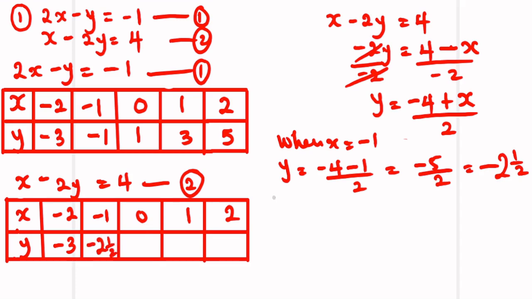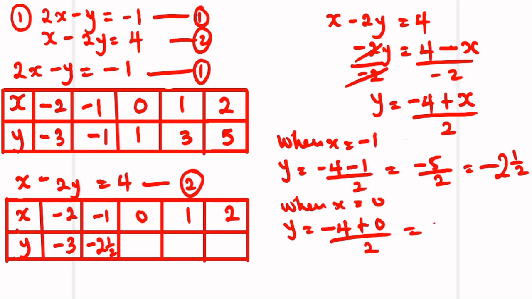Now the next is when x is 0. So we'll have y equals to minus 4 plus 0 all over 2, which is going to give us minus 4 plus 0 is minus 4 all over 2. So negative 4 divided by 2 is going to give us minus 2. So now when x is 0, y is minus 2.